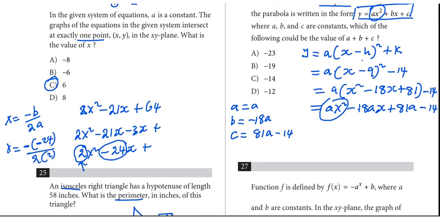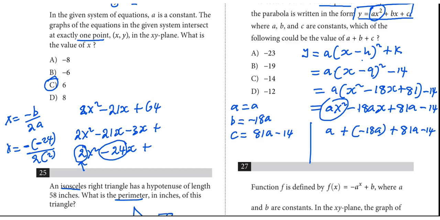So now to find the sum of a, b, and c, we need to add up this. So this will be a plus negative 18a plus 81a minus 14.